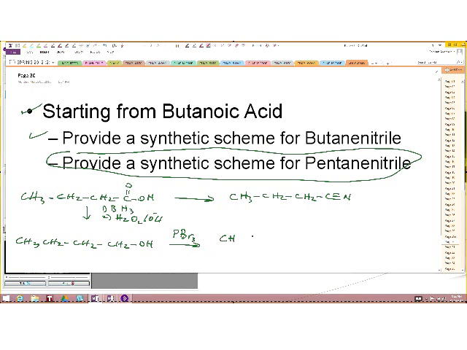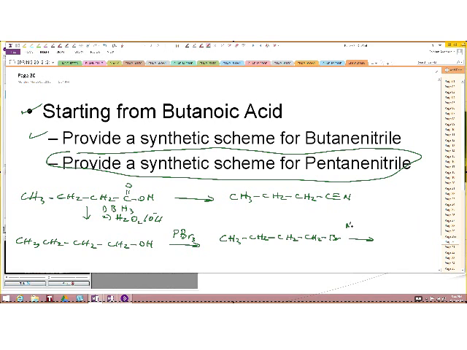So far, well, I'm not saying so far so good, but that's okay. Now what do you do from there? You want to do an SN2 reaction with cyanide. But if you do that, you are going to get pentanenitrile.